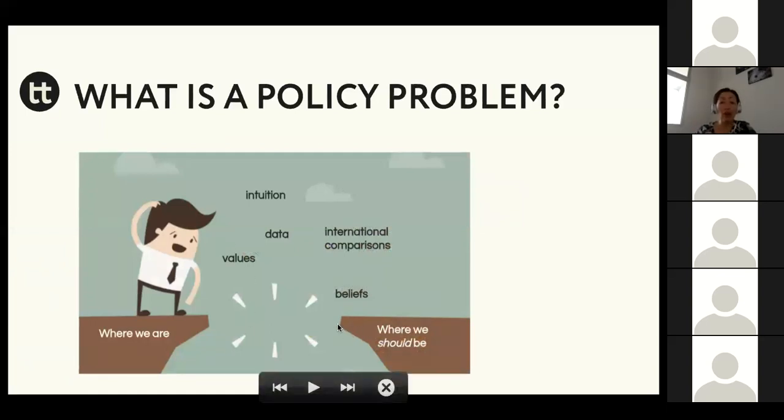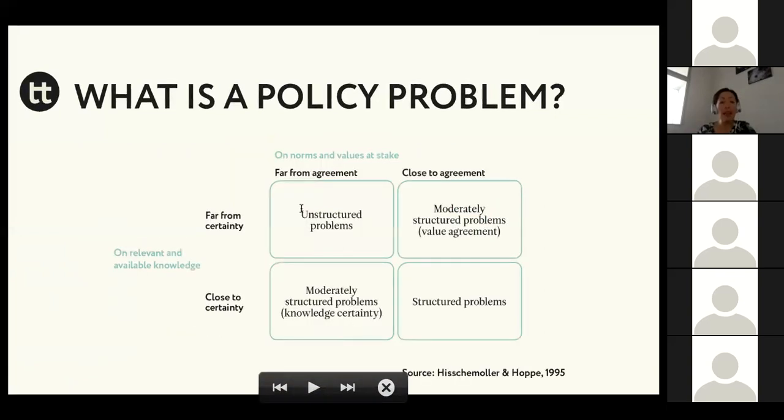It might be that we are all certain that we want to get here, right? But it can also be that we are far from agreeing, and we are standing here and we all see very different options and very different scenarios of where we want to be. And that poses us a very different type of problem.